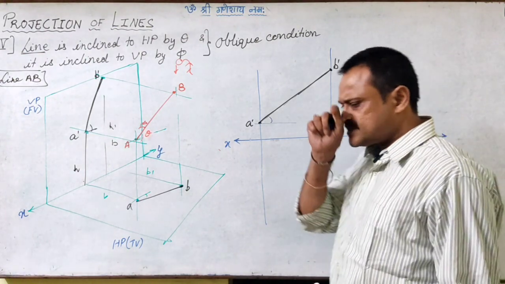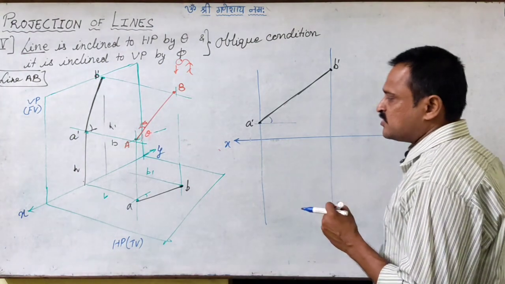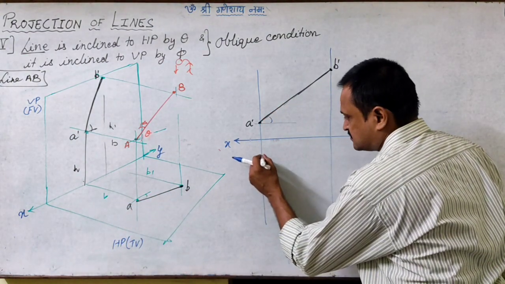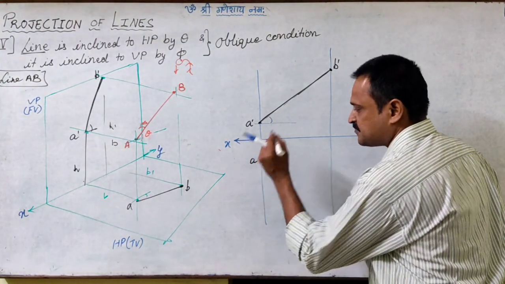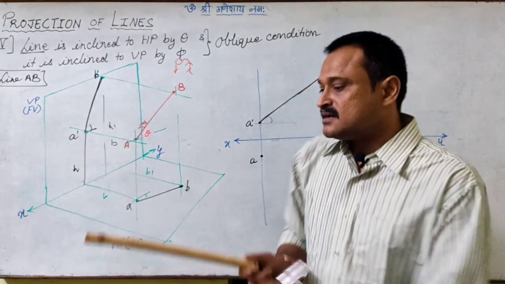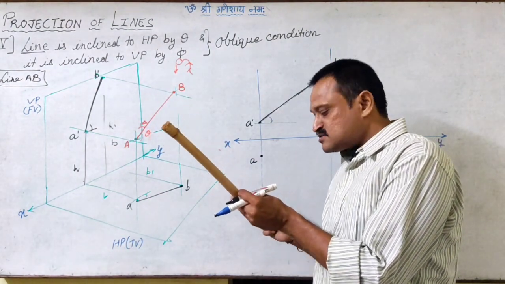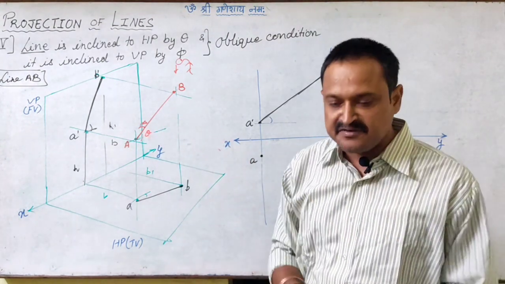Right? Similarly, now we will talk about the top view. For the top view, A is at, let us say, B millimeters distance from the XY line. So this will be the top view of A. But as the line is inclined to the VP as well, the distance of A from VP and the distance of B from VP will be different.